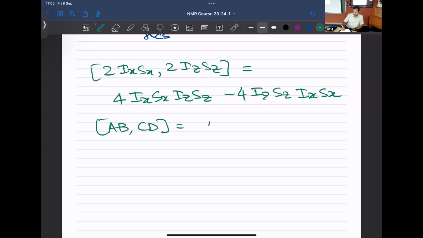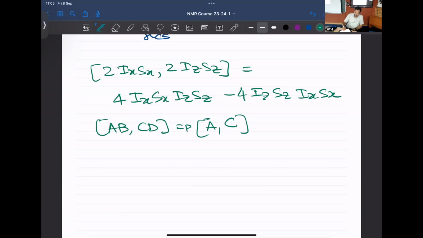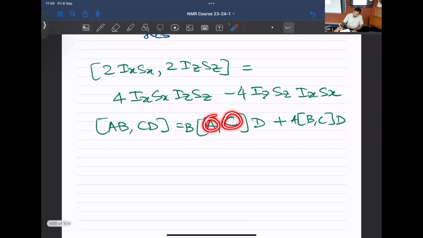A comma C, B times D. Okay, you have to say A times the commutator of B and C, times D. So this is one relationship that one could use. And what he's trying to do is therefore take the commutator of A, C with B and D.